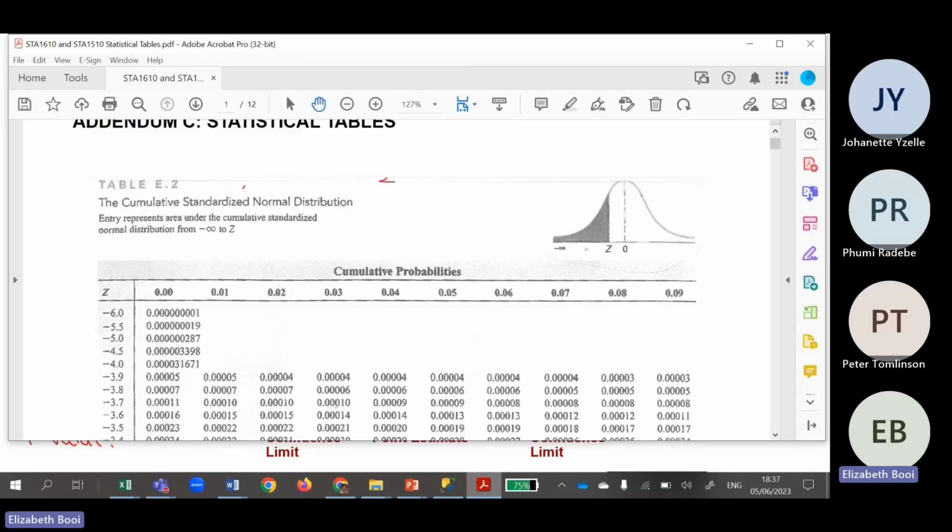Now we're using it in confidence intervals. We used to calculate the Z value and then come here and find the probability inside the table. My pen is stuck and my screen is stuck.